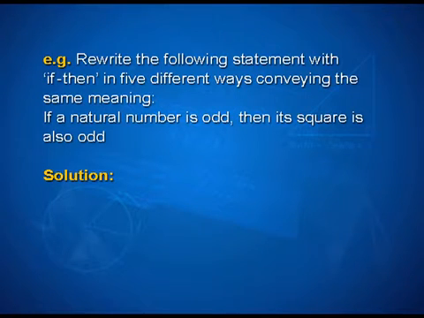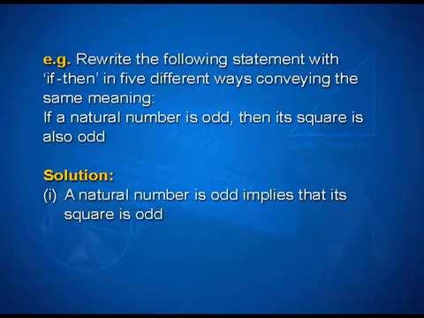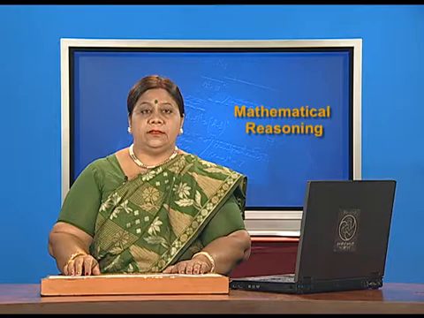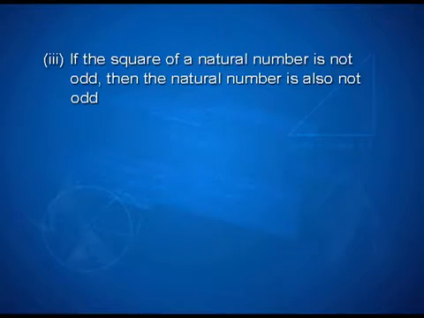Look at the solution. First way, a natural number is odd implies that its square is odd. Second, a natural number is odd only if its square is odd. Third, if the square of a natural number is not odd, then the natural number is also not odd.